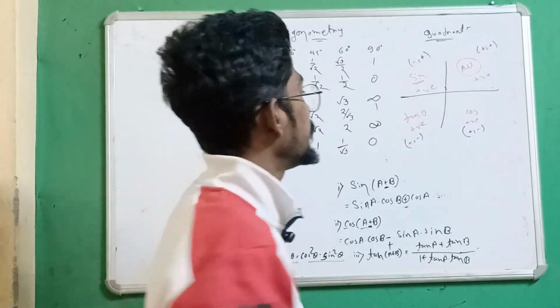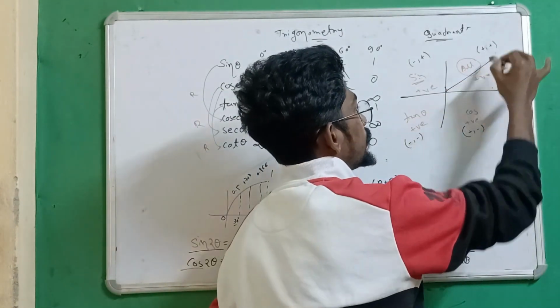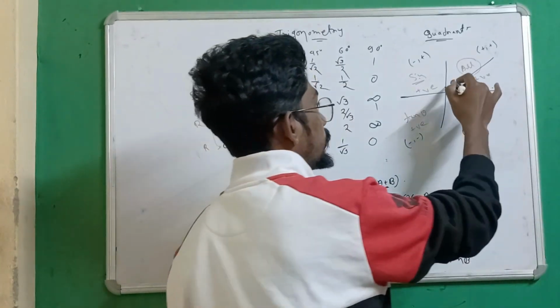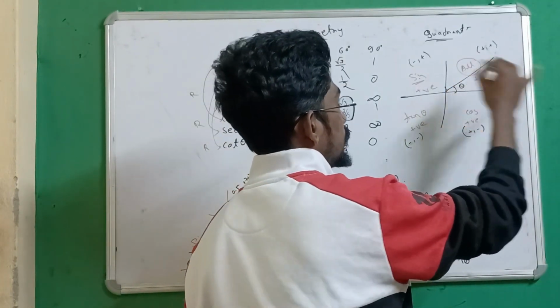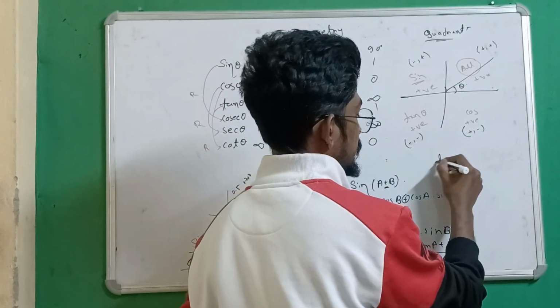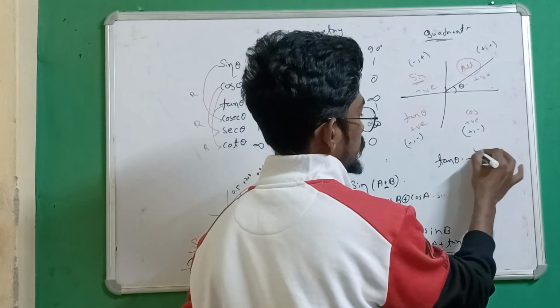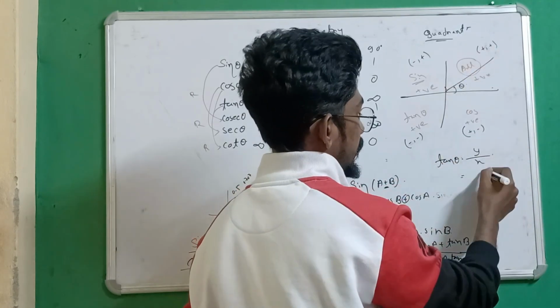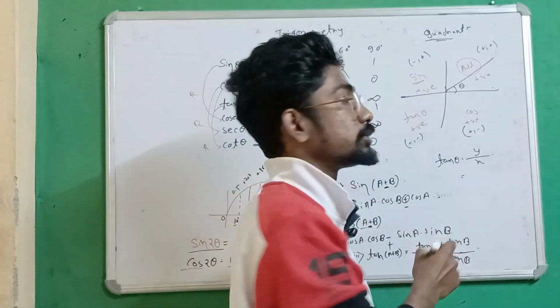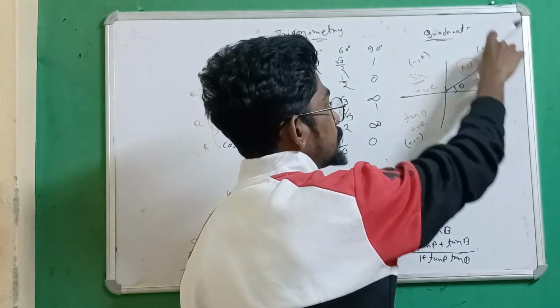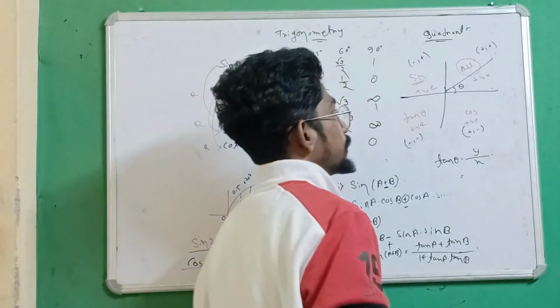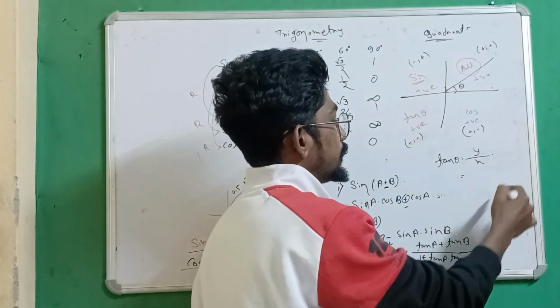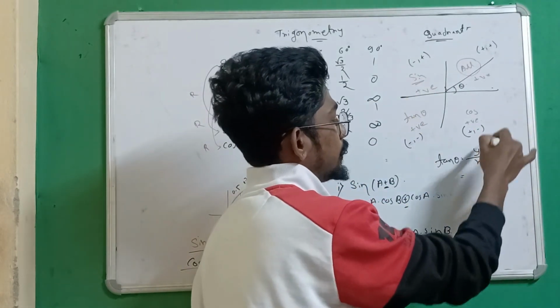So if you draw a straight line, what happens? You will get the slope of it. The slope is given by the formula for a straight line: tan theta equals y by x. If y is positive and x is positive, we will get the value in the first quadrant. In the second quadrant, y is positive but x is negative.